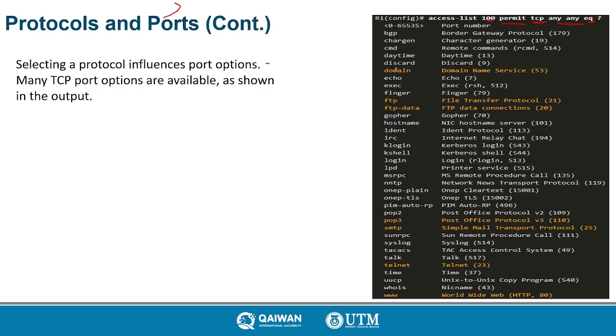So we can see that we have domain, we have FTP, we have POP3, we have SMTP, Simple Mail Transfer Protocol, we have Telnet, we have www or HTTP, and so on. So for instance, if it is TCP, it will give you these. If it is UDP, it will give you other protocols.